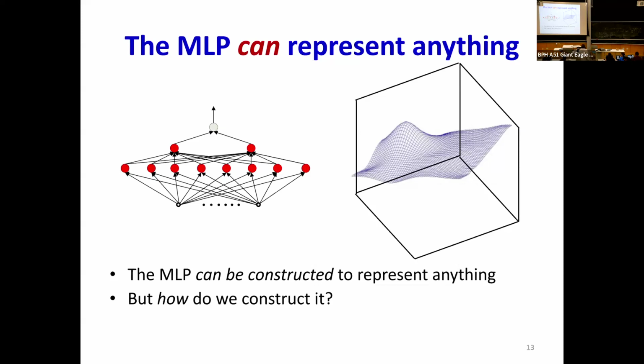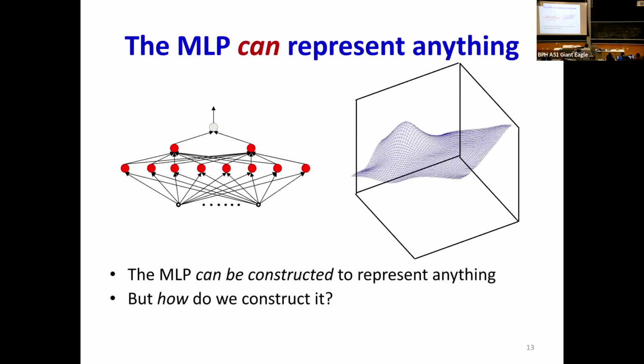So this picture to the right represents a function. In this case, it's a two-dimensional input. The grid, the mesh represents the function. And I can always set the parameters W of my network to the left, so that the network itself computes the function to the right.